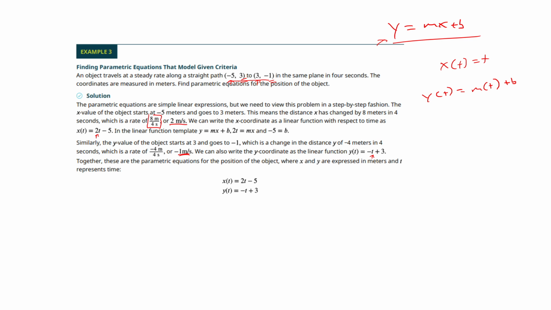Again, I think this is a pretty unusual question, and I like my explanation better, but that's what they've done. They found the slope, the change in the x's with respect to time, and the time was, what was it, 4 seconds. They found the change of y's with respect to time, which was -1, and those are rates of change, so they're slopes. And then they said, okay, I started at -5 in the x direction, I started at 3 in the y direction, and they've made two lines that are dependent upon time.